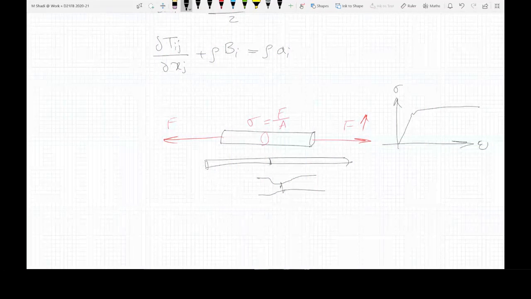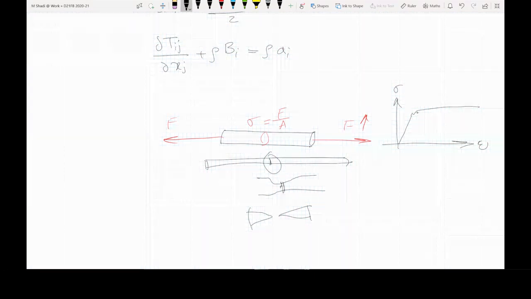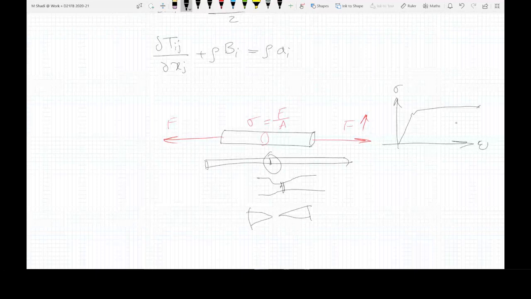Once you get this necking behavior, it is going to move much faster, and then at some point it's going to break. This is the section for the break.